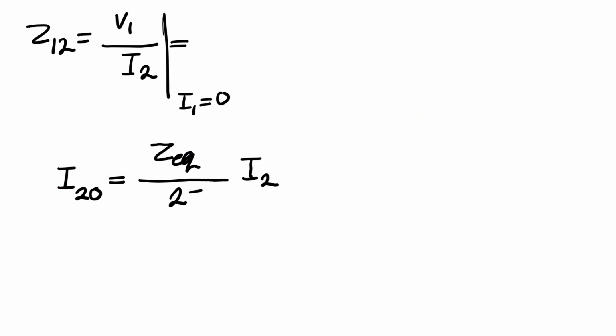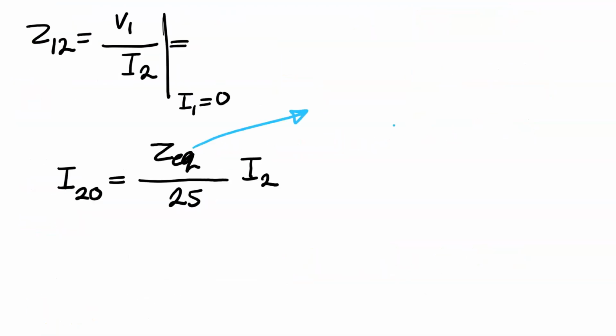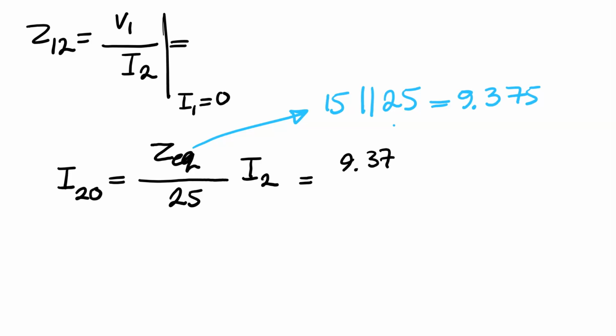What is the Z equivalent? Z equivalent is 15 in parallel with 25, and we already know that's equal to 9.375. So if I put this number in my equation, I'm going to have 9.375 divided by 25 multiplied by I2.